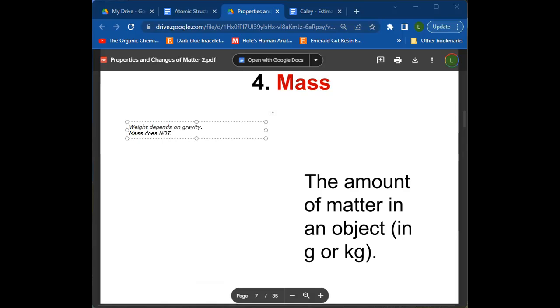Okay, so for example, a ball has a mass of 100 grams. The weight of the ball on Earth could be 0.22 pounds. Weight of the ball on Jupiter is 88 pounds. Weight of the ball on the moon is 0.17 pounds.